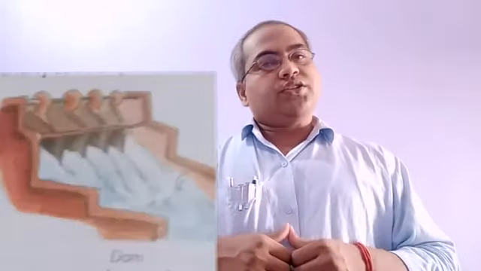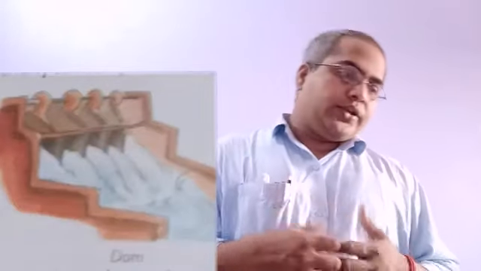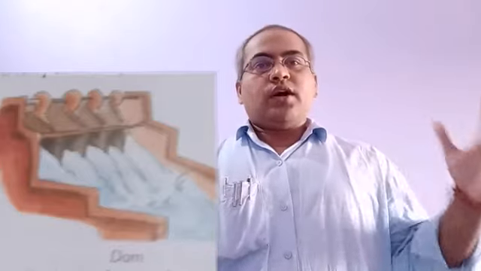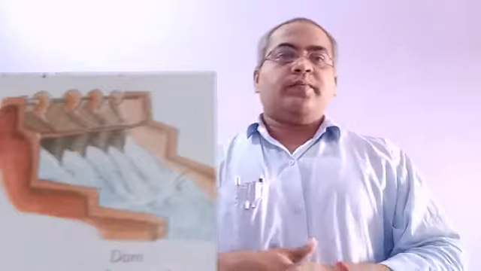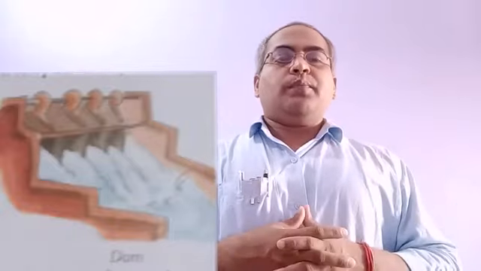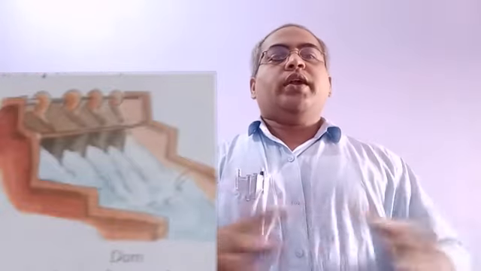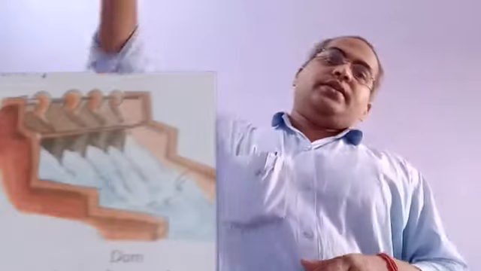Then comes the energy of water. As I told you, if water is stored in a dam, it has potential energy, but if this water starts moving, the potential energy transforms into kinetic energy. Water is stored in huge amounts, and these dams have very high walls.